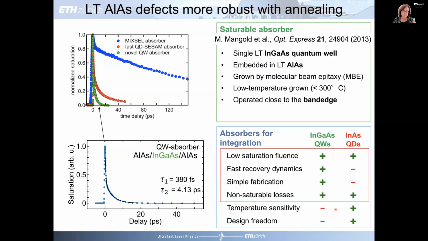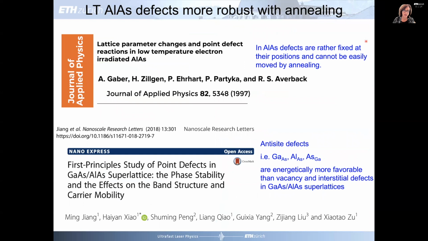We discovered that in 2013, and since then there were some more material investigations which showed that these defects in aluminum arsenide are rather fixed in their position and cannot be easily moved.